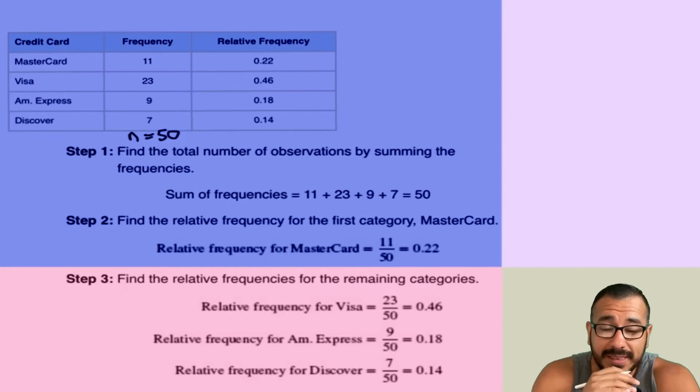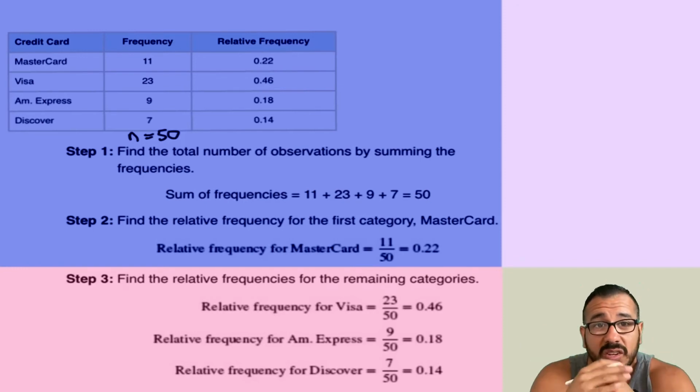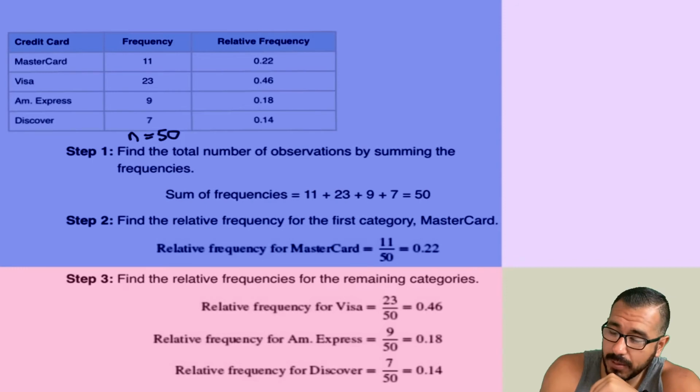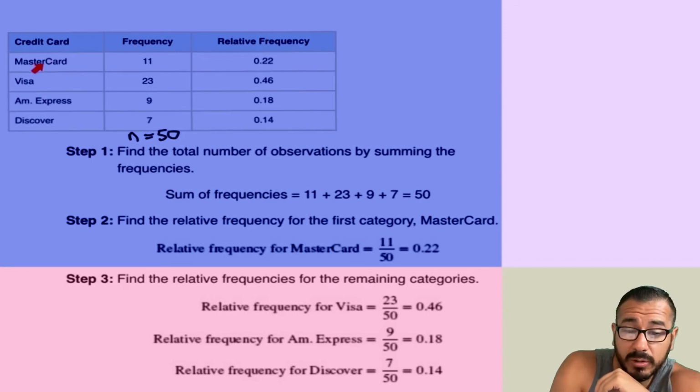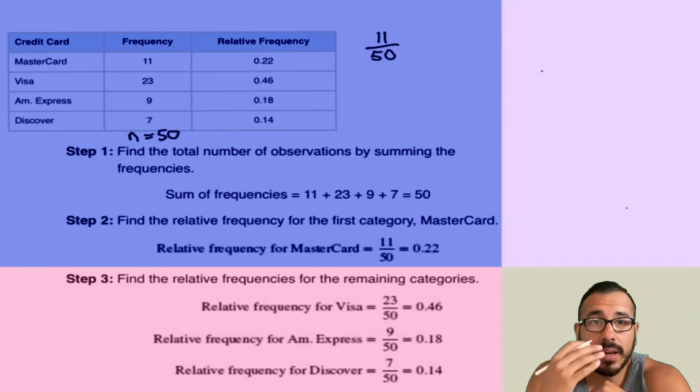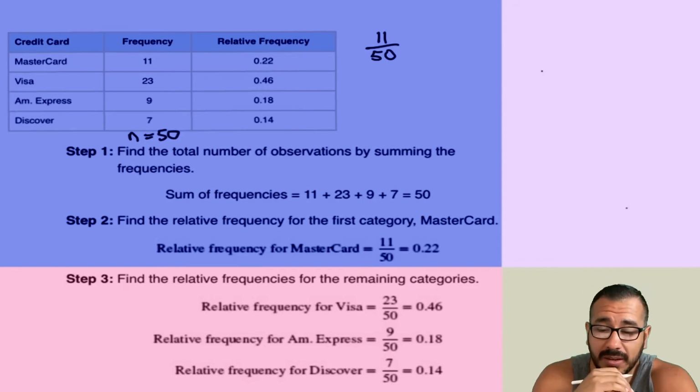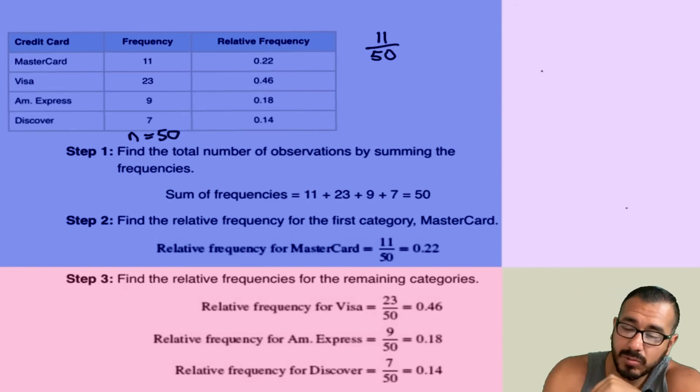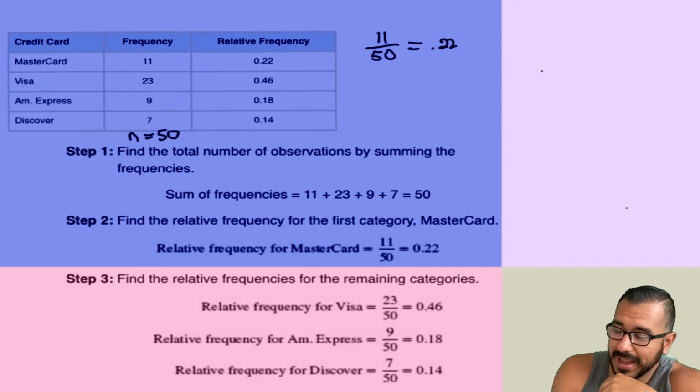Step 2: you take any credit card that you want to look at. For example, if I want the relative frequency for MasterCard, I take the frequency, which is 11, and divide it by the total frequency, which was 50. When I divide that, I end up with 0.22. That's what gave us our relative frequency.